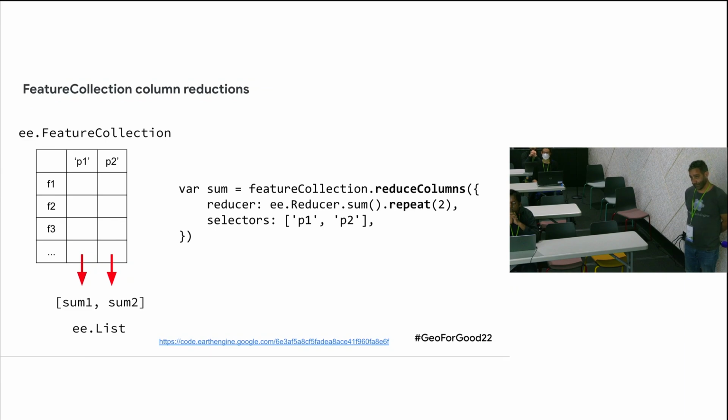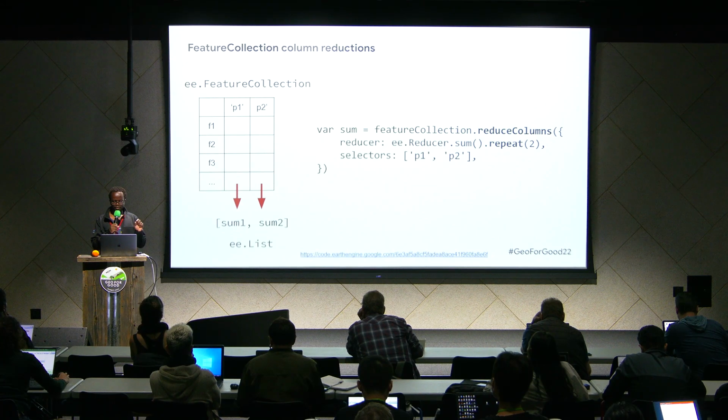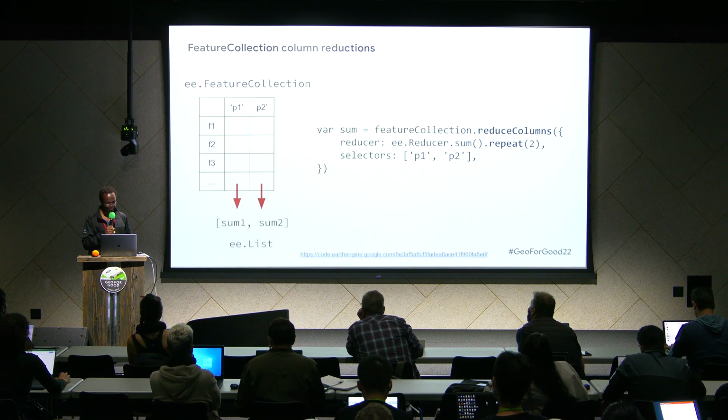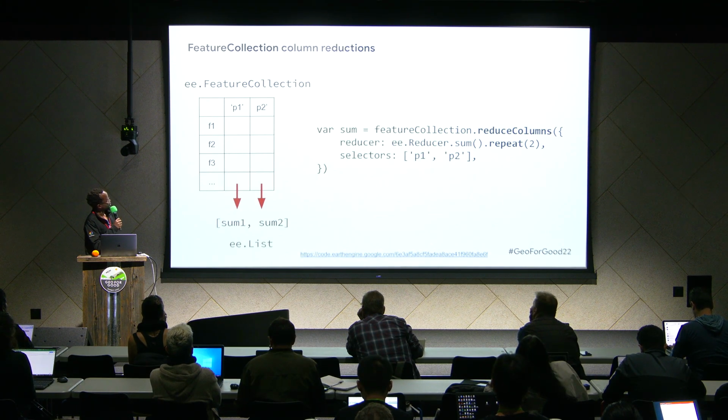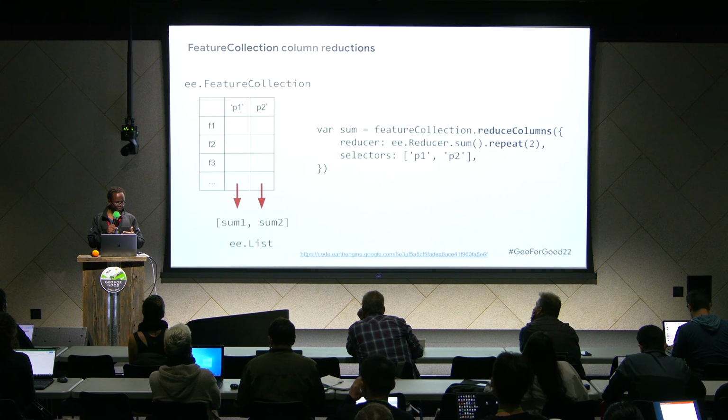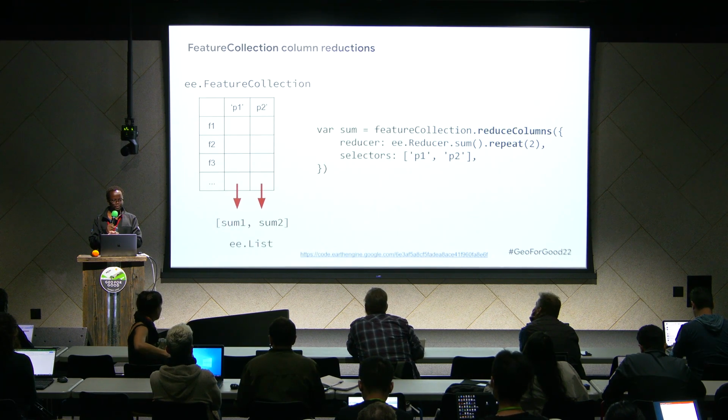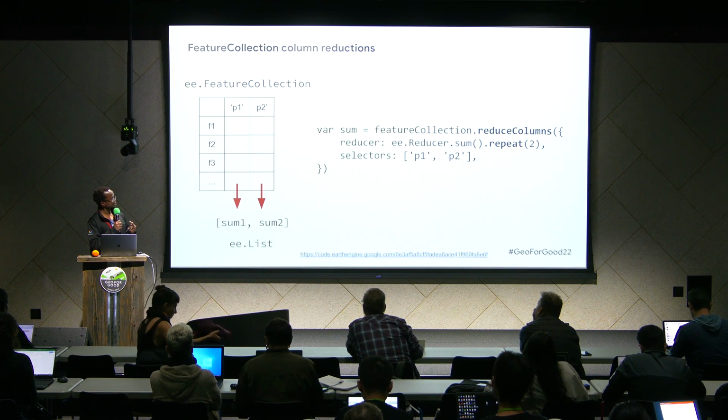And then we can reduce properties of features in a feature collection as well. And we use the feature collection reduce columns function. So in this sample script, we're loading US Census data for Benton County in Oregon. And we select features that have 2 properties we care about: population and housing units.